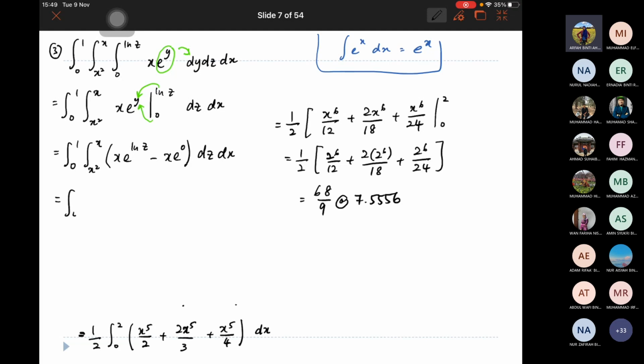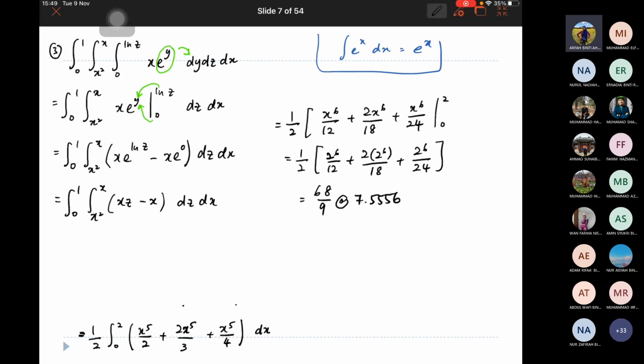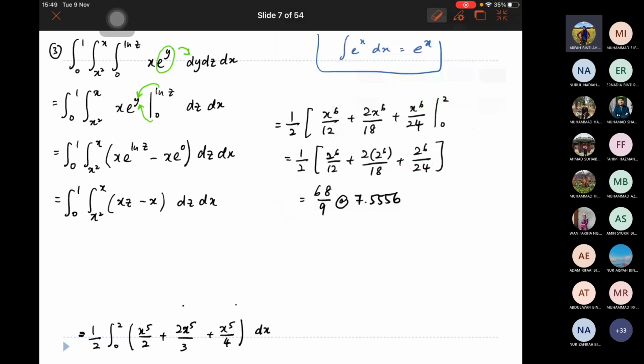So from here dapat integrate kosong sampai 1, x squared sampai x, xz minus x, dz dx. So evaluate the integrate for that one.